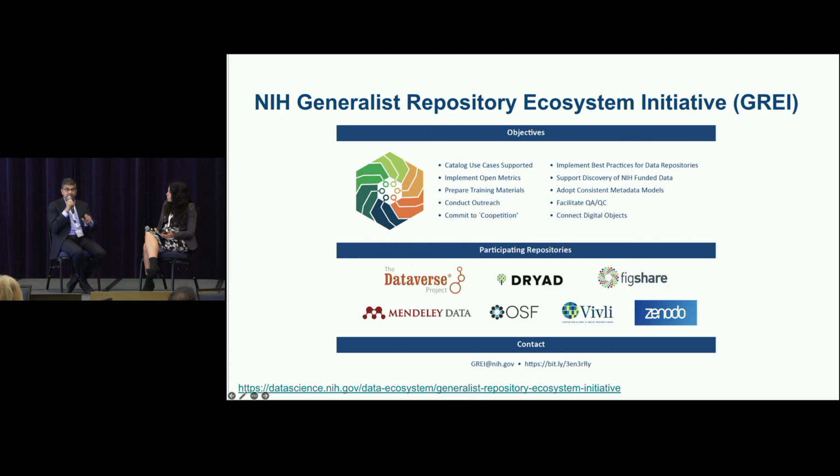Some common things like metadata and metrics, everybody needs to address. Everyone doesn't need to reinvent the wheel. So how can we divide and conquer this and get everybody on the same page? That was the driving force.